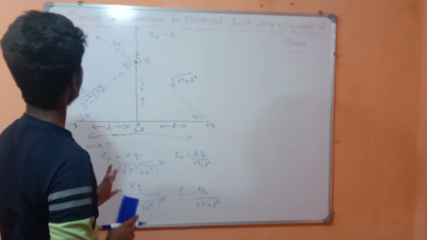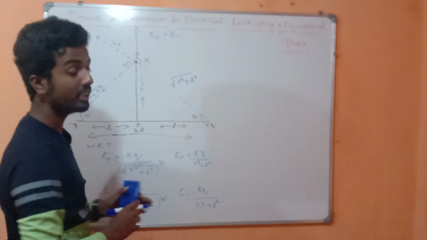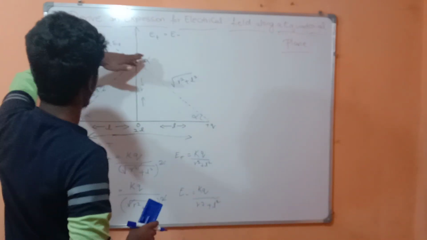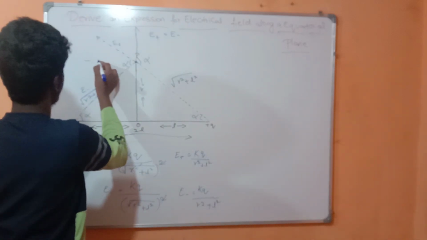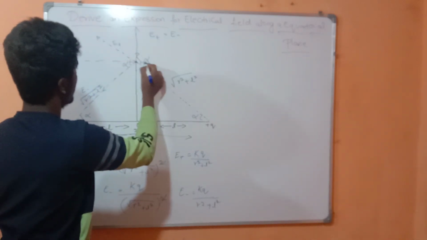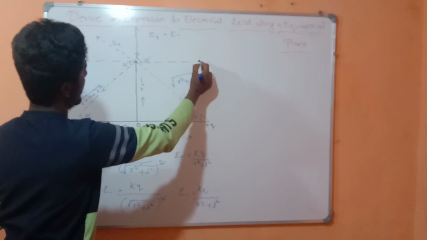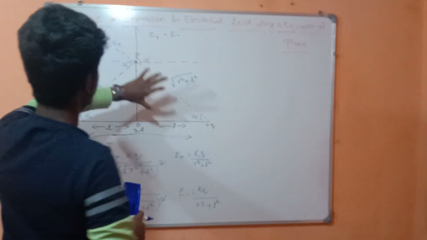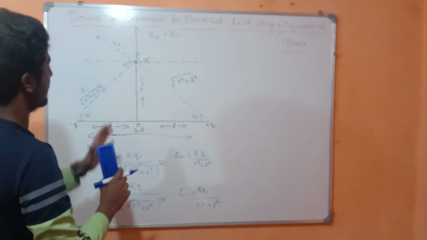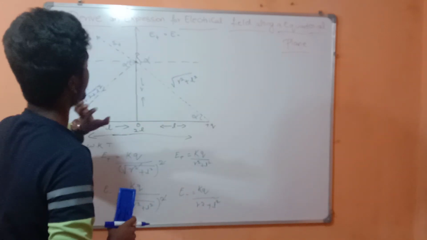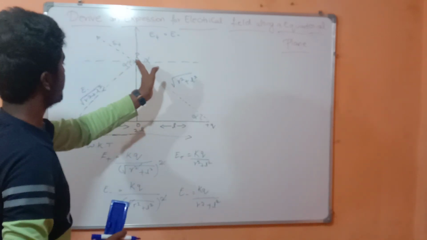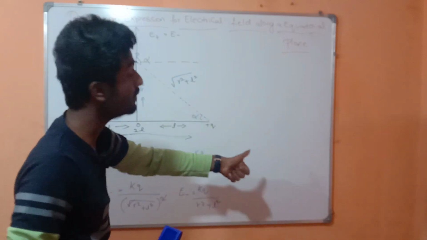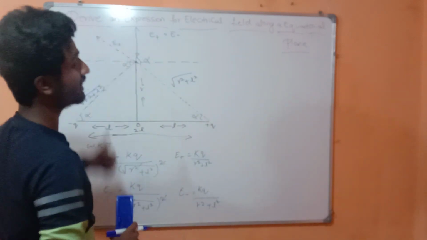For our convenience, let me take the horizontal line as the axis. Let me draw an imaginary axial line. Now, when I keep the positive test charge here, due to the positive charge it will repel in this direction.